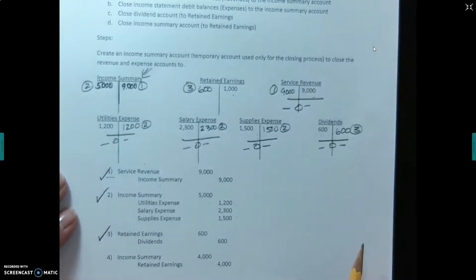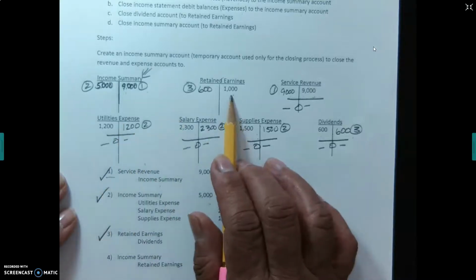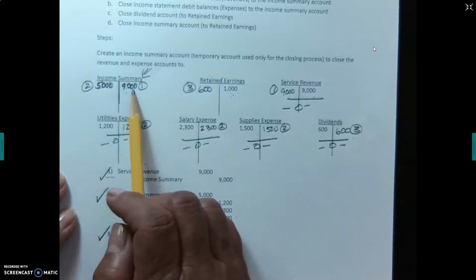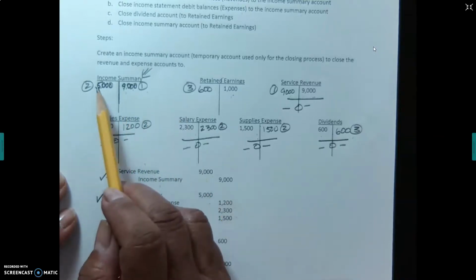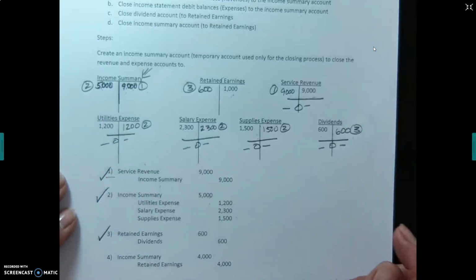And then lastly, we need to close the income summary account and make it 0 and update retained earnings. So basically we have the revenue at $9,000. We have the expenses at $5,000. So what does that mean? Revenue minus expenses, that's our net income.